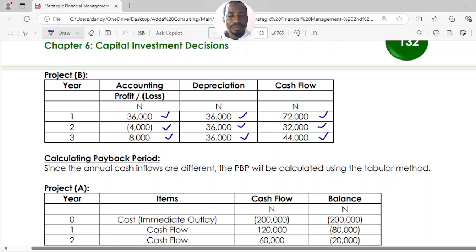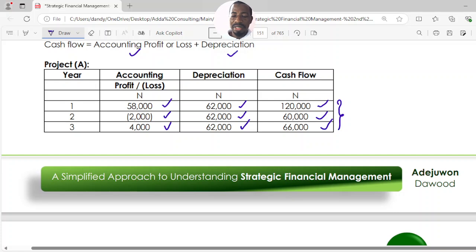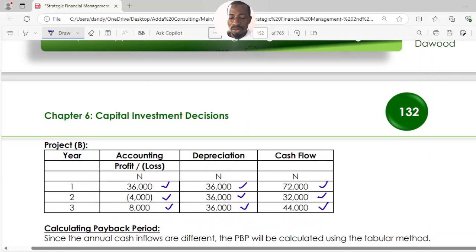Now that I have computed cash flows for both project A and B, I need to proceed to calculating the payback period. Because as you can see, the cash inflows for both project A and B are irregular. In year one, our cash flow of project A is 120,000, year two 60,000, year three 66,000. The same thing with project B.